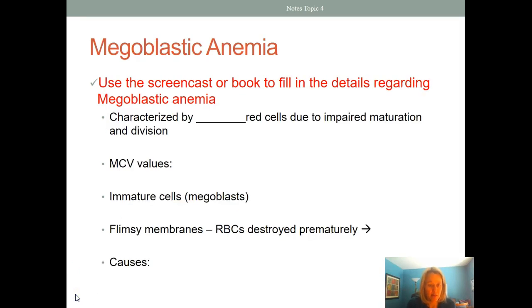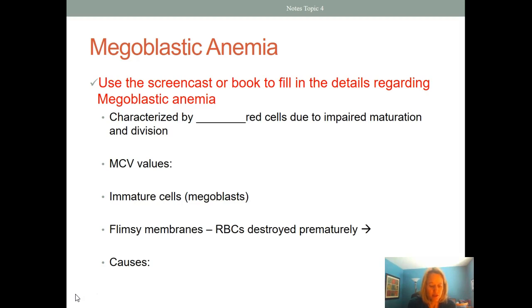Megaloblastic anemia. This type of anemia is characterized by enlarged and immature red blood cells due to impaired maturation and division. The MCV, the mean corpuscular volume, is greater than 100 femtoliters.